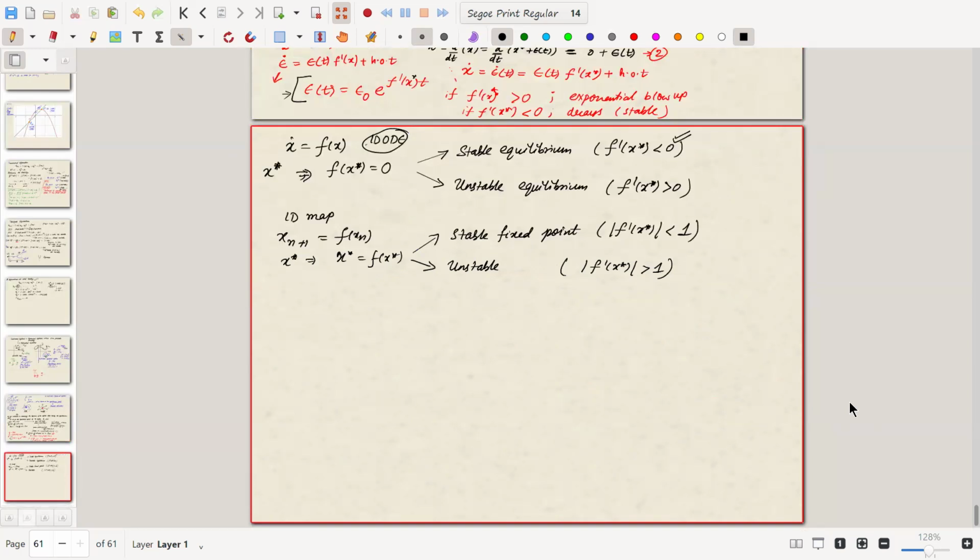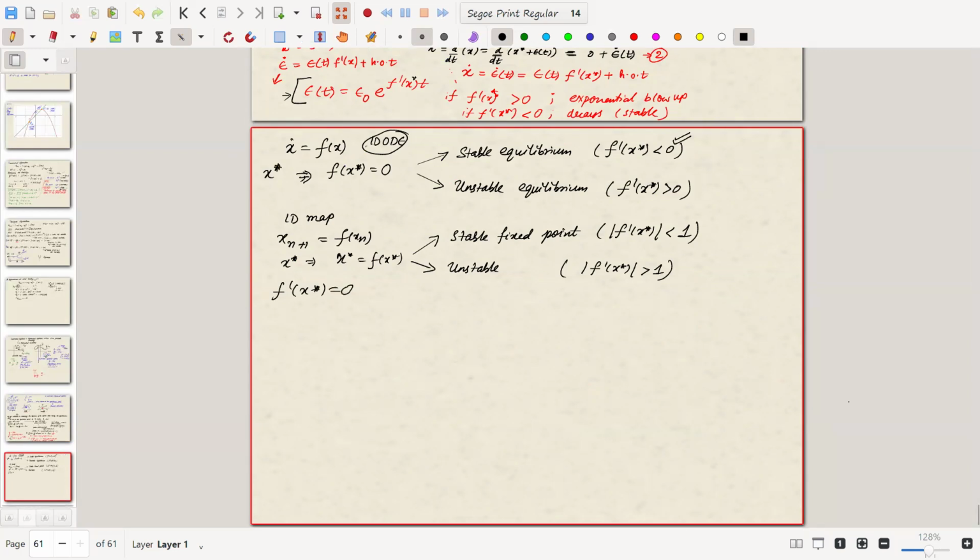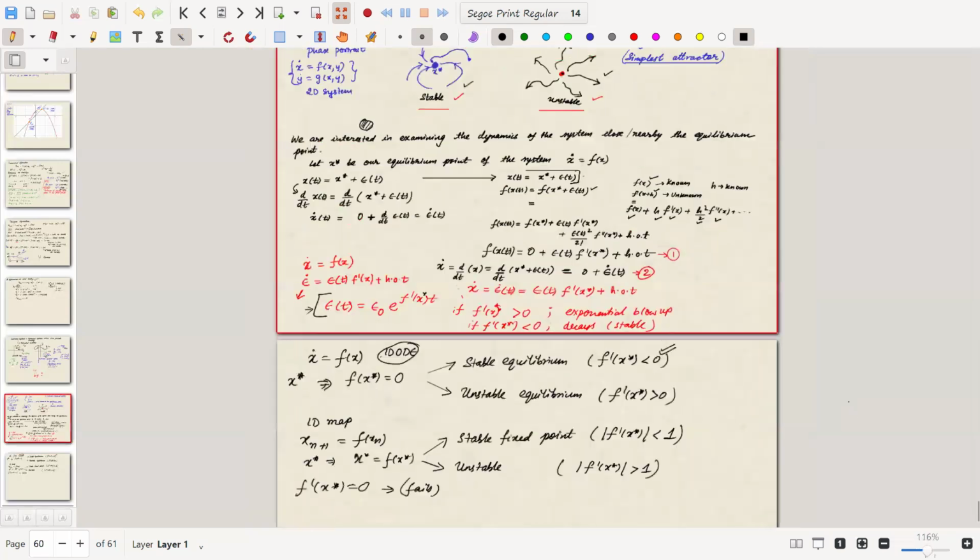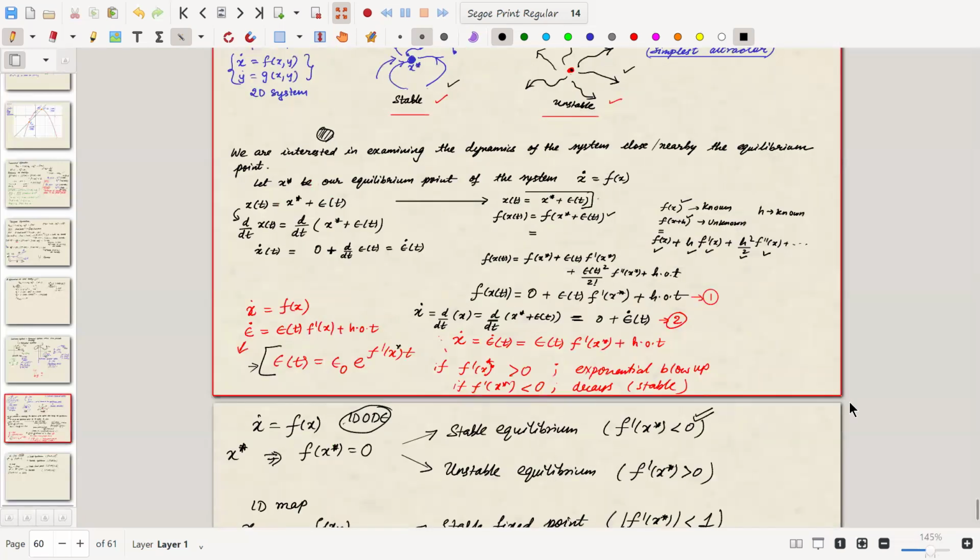Now, as usual, you must ask, what happens if f prime of x star is 0? Then the concept we deduced fails. This concept, the small perturbation, is known as linearization.